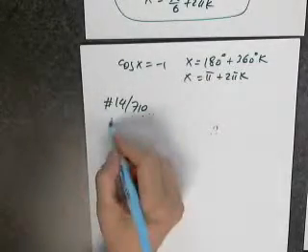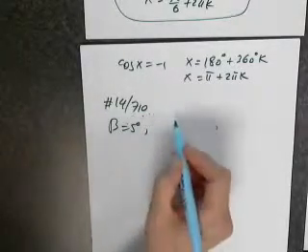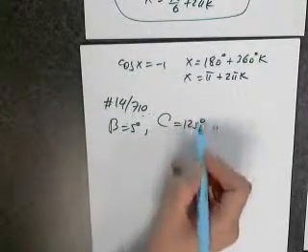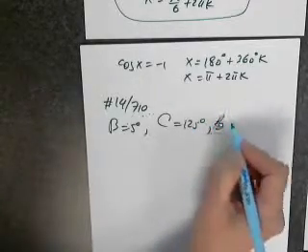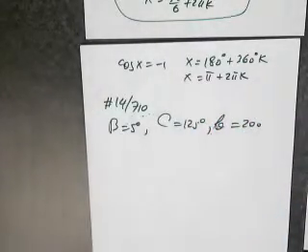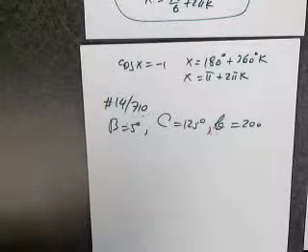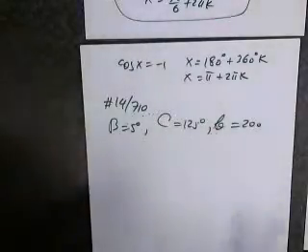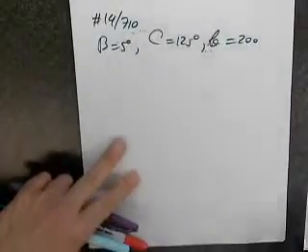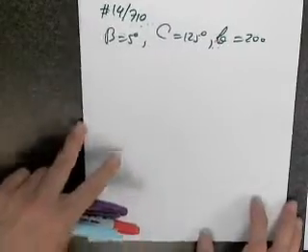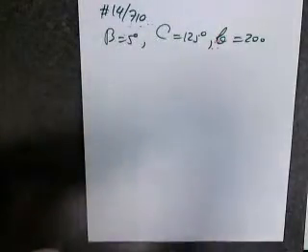We are given angle B, which is 5 degrees, angle C, 125 degrees, and lowercase b, 200. We're asked to solve this triangle, which means present all angles, present all sides. What do I have to do first? Draw a triangle, exactly.